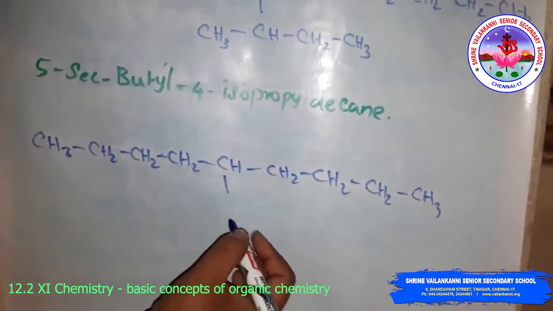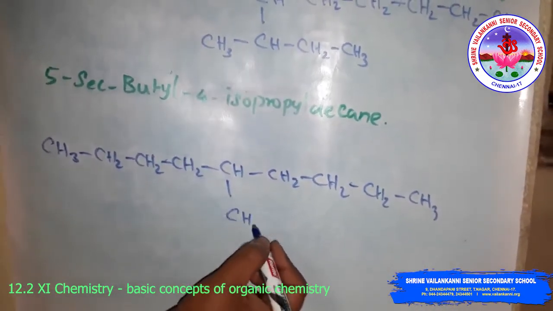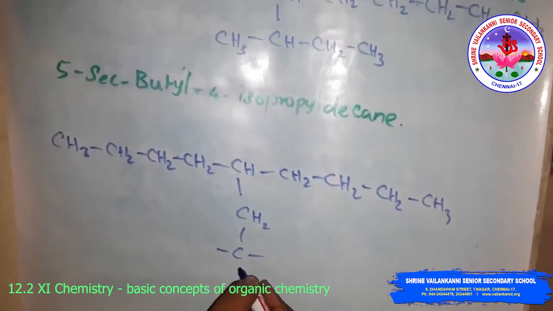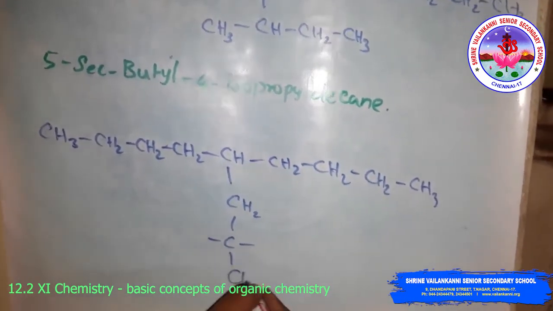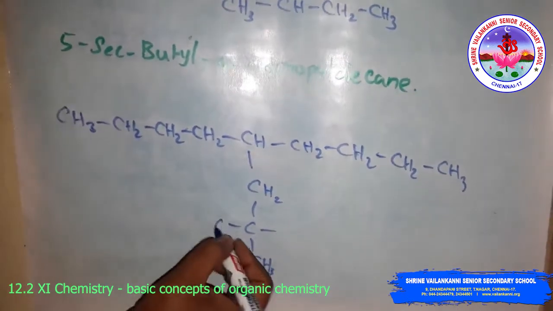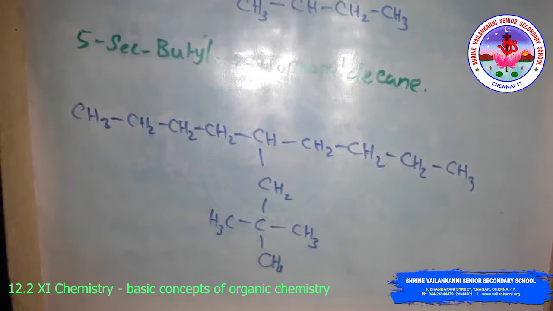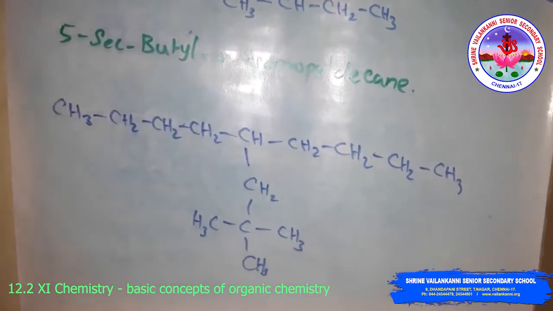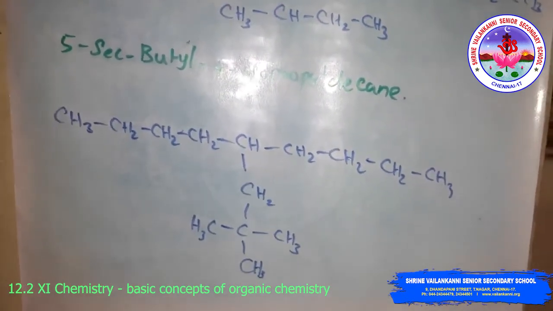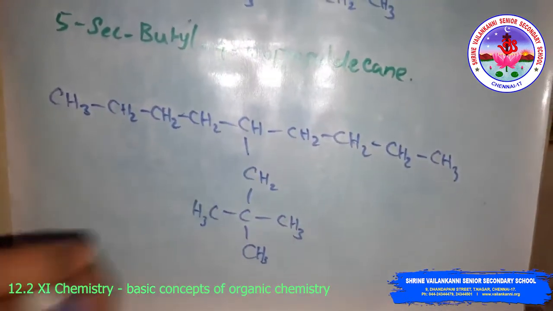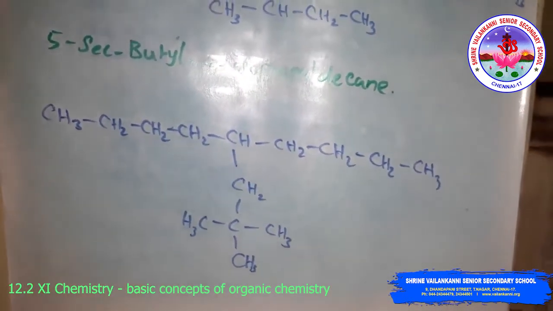This branching may be CH2, CH3. This having one CH3 on this side, and this side having another CH3. So again you have to follow that same rule, that the chain with more branches is considered as the parent chain.